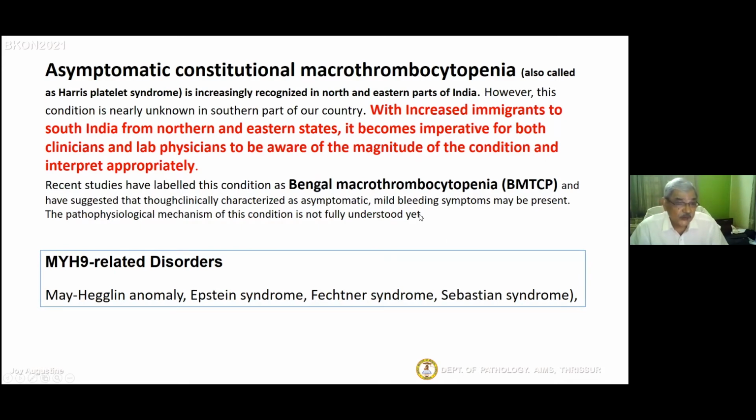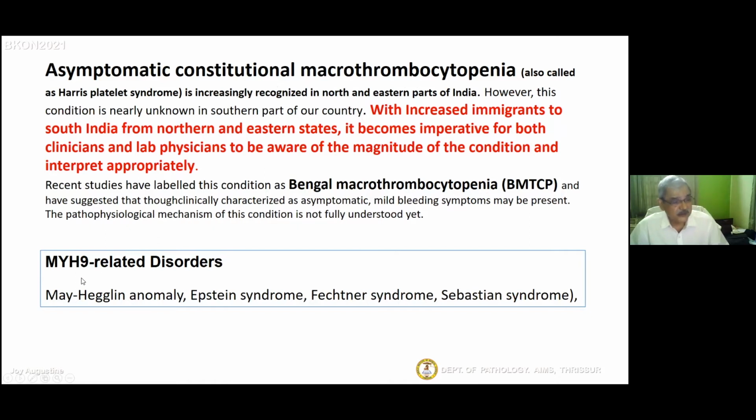So we have to be conscious of the fact that this asymptomatic constitutional macrothrombocytopenia, also known as Harris platelet syndrome, presently called Bengal macrothrombocytopenia, is a condition which is relatively asymptomatic. For that reason, an incidental finding of giant platelets and thrombocytopenia did not raise any alarm bells.